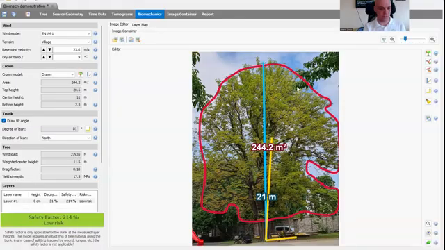After clicking OK, we already get a safety factor, and just as a quick explanation, the drawing also calculates the crown area, the top height of the tree, the bottom height of the tree, and the center height of the tree. We have the tilt angle, which you can override.